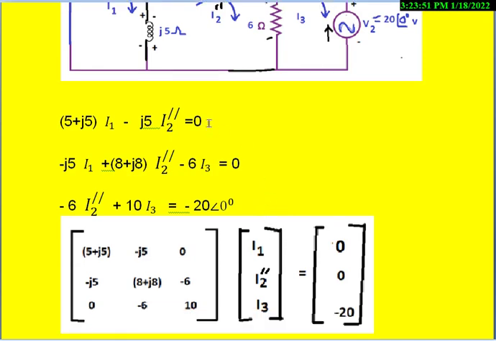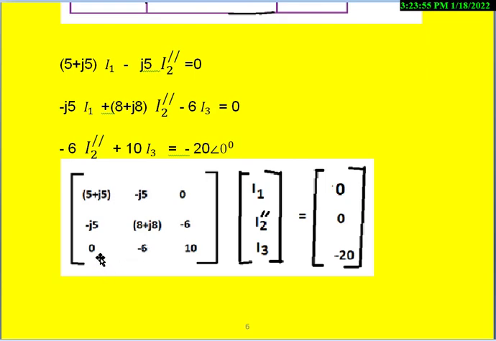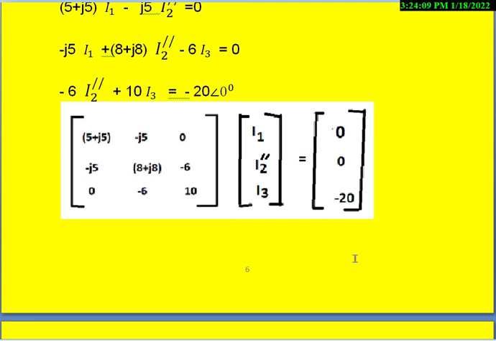When we write this in matrix form, we get 5 plus J5, minus J5, 0; minus J5, 8 plus J8, minus 6; 0, minus 6, 10; times I1, I2 double dash, I3, equal to 0, 0, minus 20. So to get I2 double dash, we have to replace the second column with the right hand side matrix and then divide that by the matrix determinant.